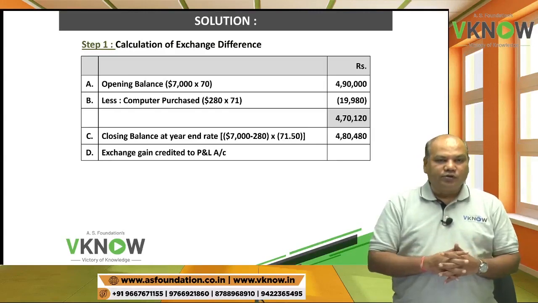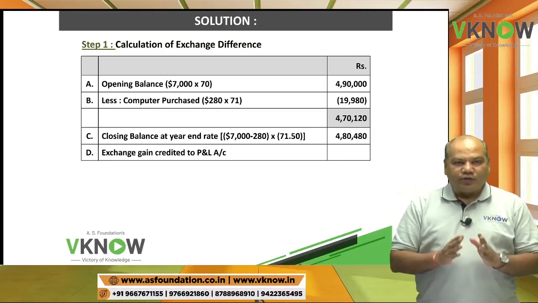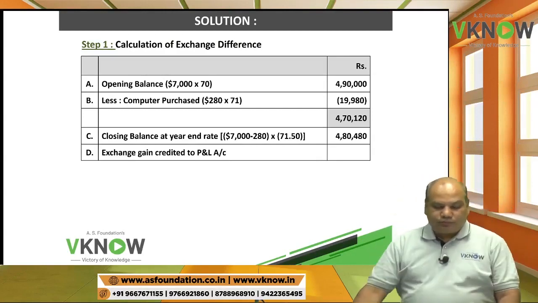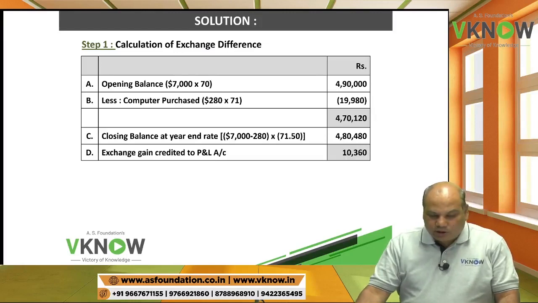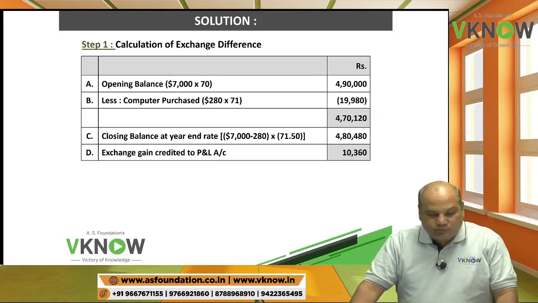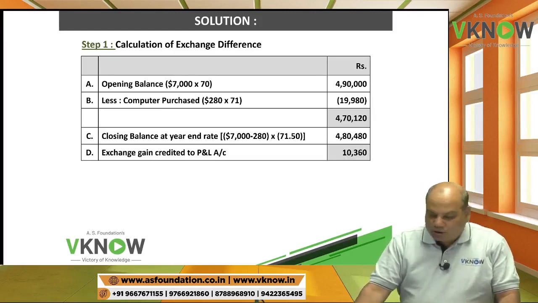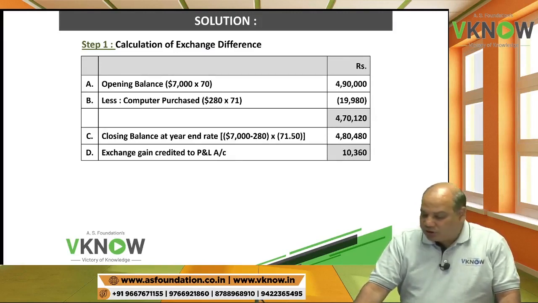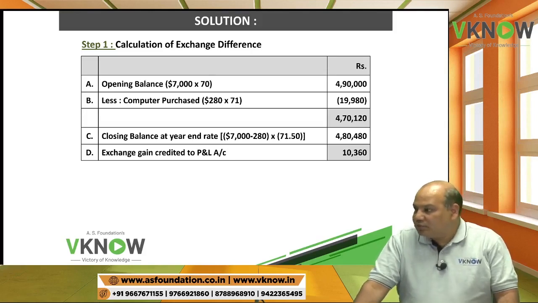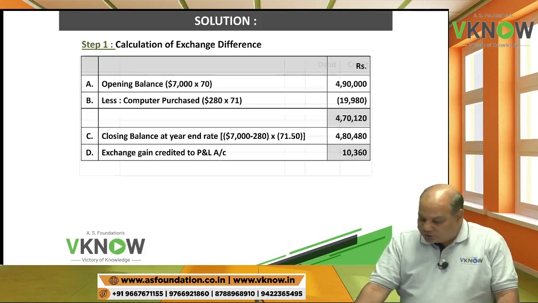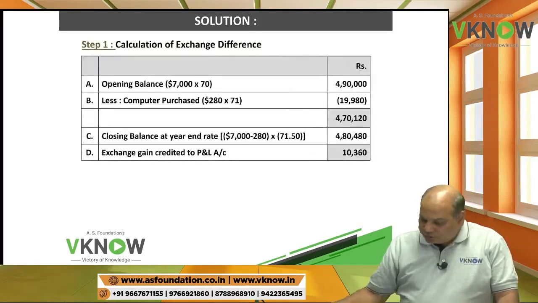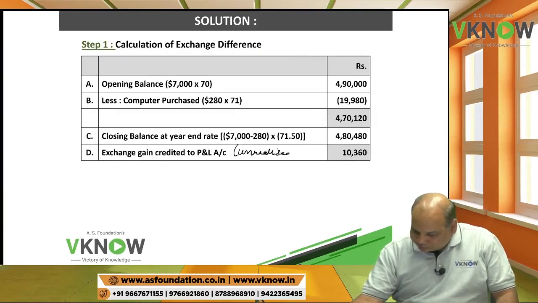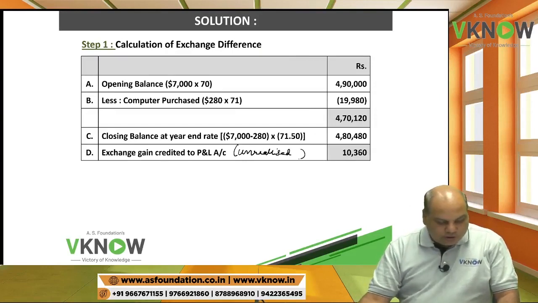That exchange difference we will recognize in the profit and loss account. So the answer comes to 10,360. Gajanan is right, 10,360. This is my exchange gain, but this is unrealized.